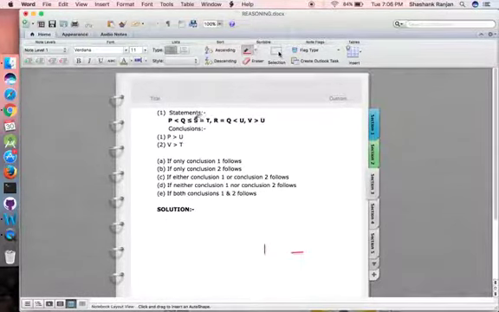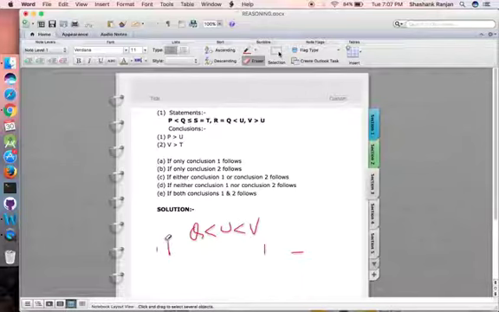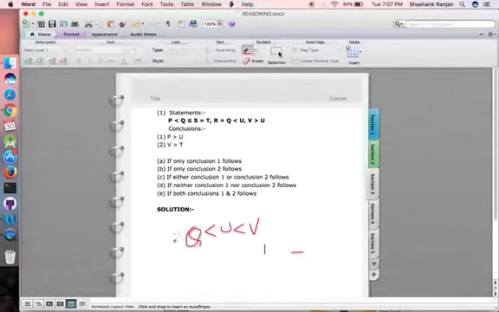Here we can see how we connect all the variables: Q is smaller than U, and U is smaller than V, and P is smaller than T, and we already see that Q is smaller than equal to S.